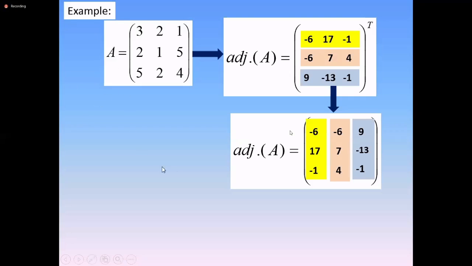Here at once you can go to the answer, without going here directly. You can go to this answer without going here, because when you fill the values in a row with cofactors, fill them in a column. Without writing the row, this minus 6, 17, 1 you are writing in a row. So instead of writing that in a row, write that in the column.